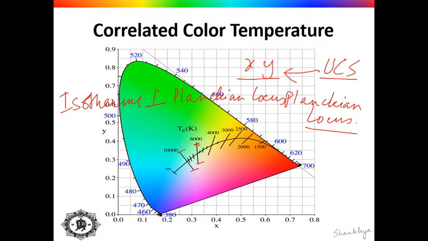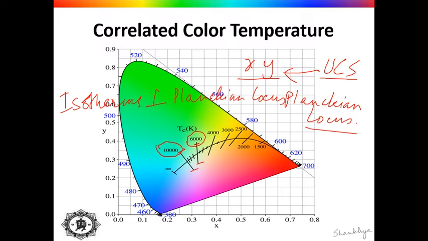But I said that all the colors along this line will have the same color temperature, that is 6000 Kelvin. All the colors along this line will have the same temperature, 10,000. Similarly, likewise for everything else. Although this has some real life problems, I asked you what is going to happen if I extend this line further. That is the question I asked.